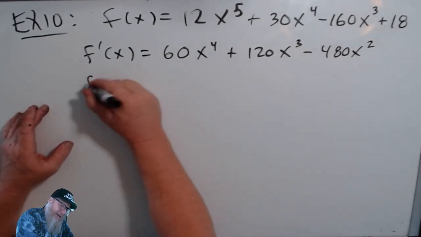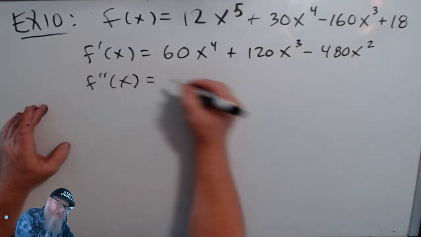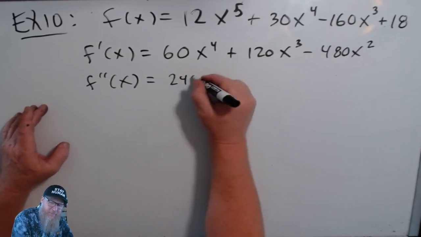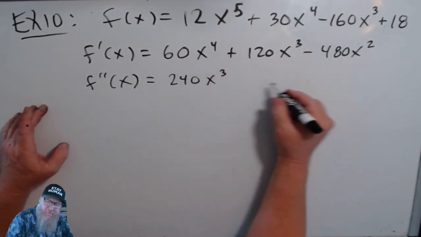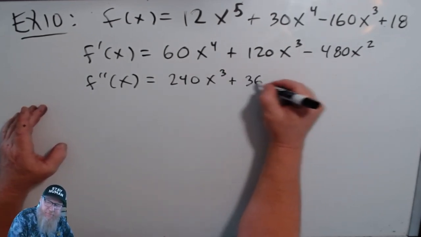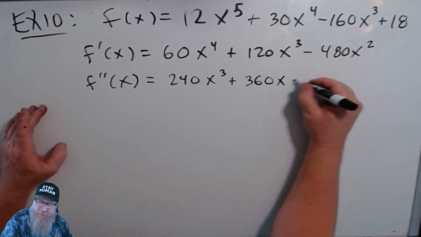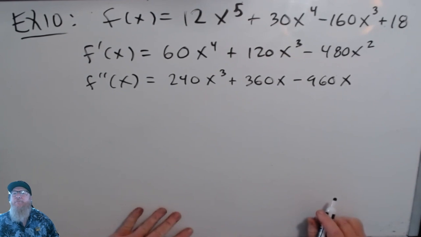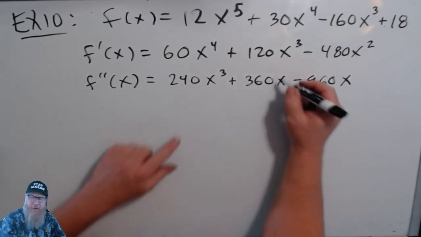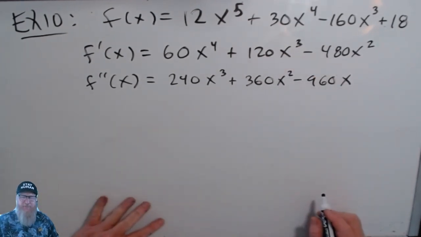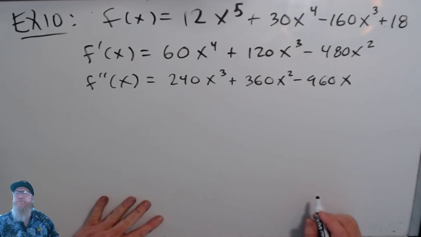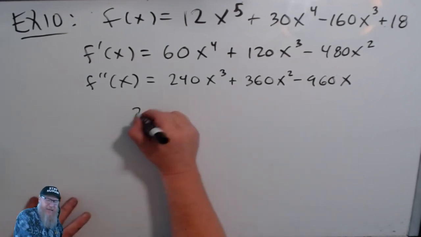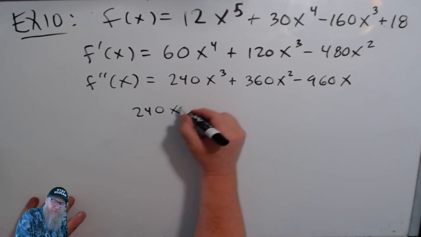And then take its second derivative. The numbers get kind of blown up. Oh, I almost screwed up one of the powers there. And then we want to set this thing equal to 0.